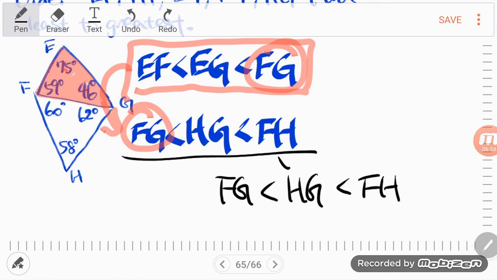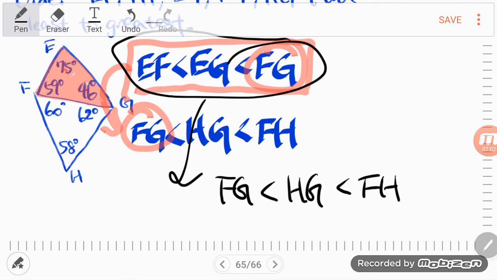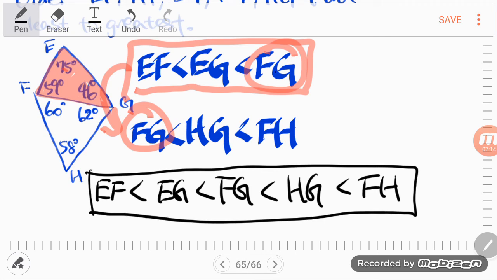And now I can put this down there, right? I know FG is greater than EG, and EG is greater than EF. So there you go. This is gonna be my final answer.